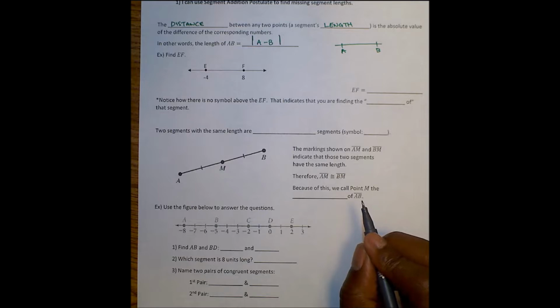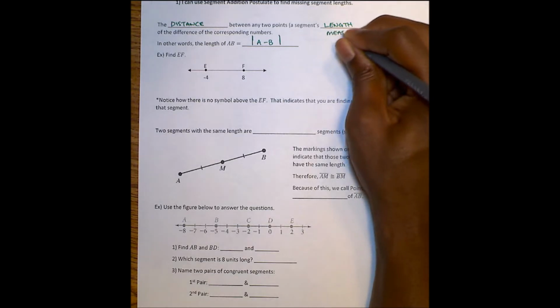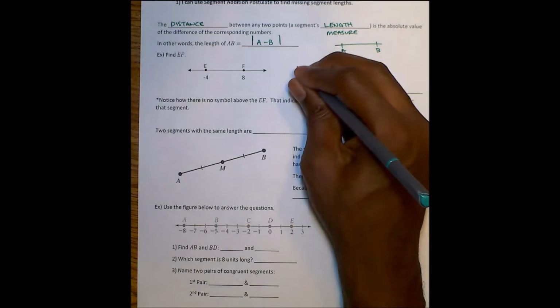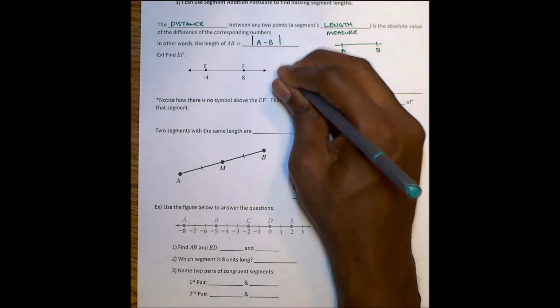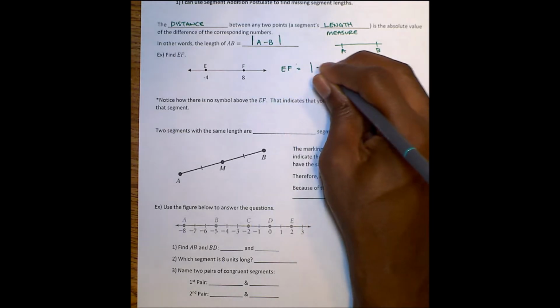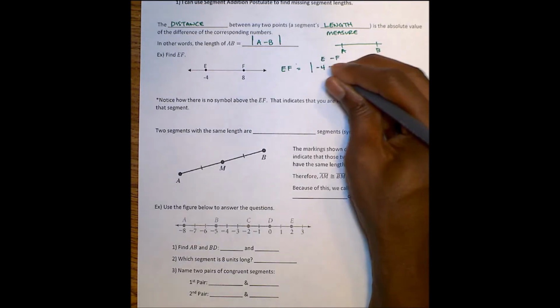So let's do this first example. We want to find EF, or the measure. Length or measure: if they're asking us for a segment's measure, it's talking about the length. So to find EF, the length of EF has to equal the absolute value of negative 4 minus 8.